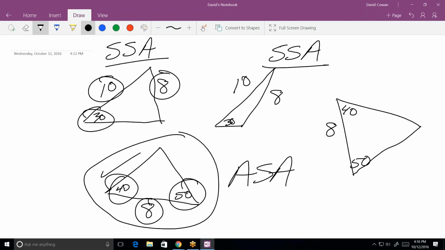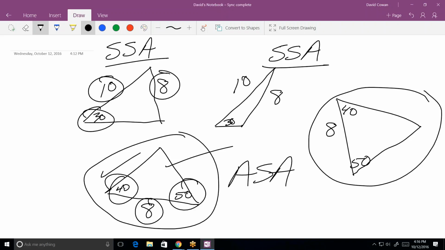In other words, there is no way that I can draw a triangle that has a 40-degree angle, a 50-degree angle, and a side of 8 in between them that is not the same as that triangle. It's impossible. In other words, angle, side, angle is enough.